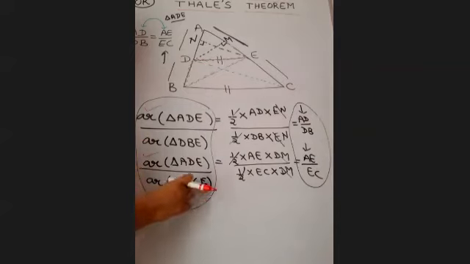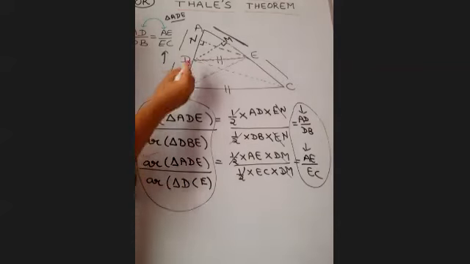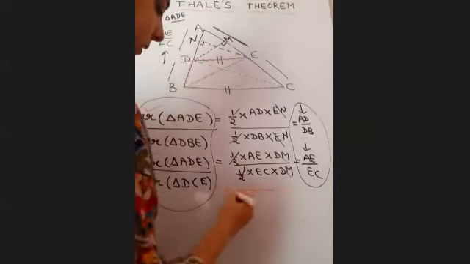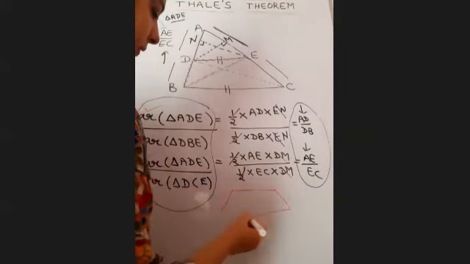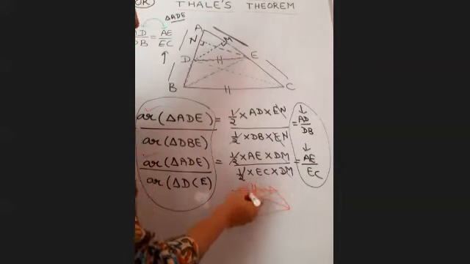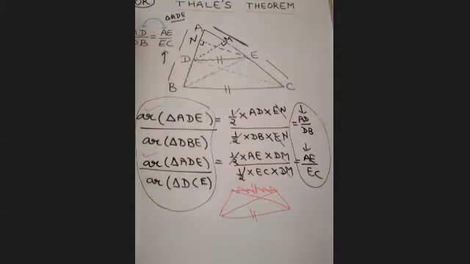Let us see DBE and DCE. You have learned a result in class 9: if two triangles are drawn on the same base and between the same parallels, then their areas are equal.